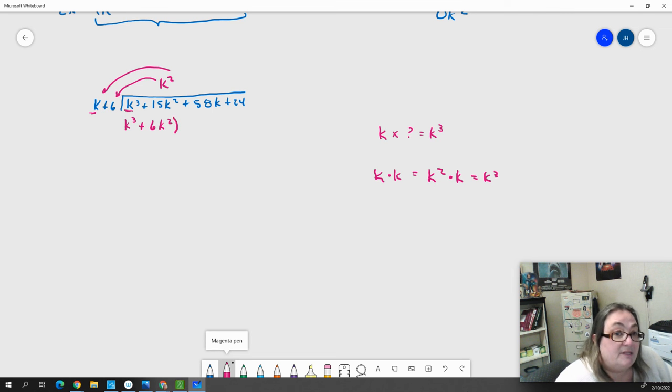We're going to put that in parentheses and put a minus in front of it, and we're going to subtract it from the first. So k cubed minus k cubed is 0. And then 15k squared minus 6k squared is 9k squared. And we are going to bring down the next term, plus 58k.